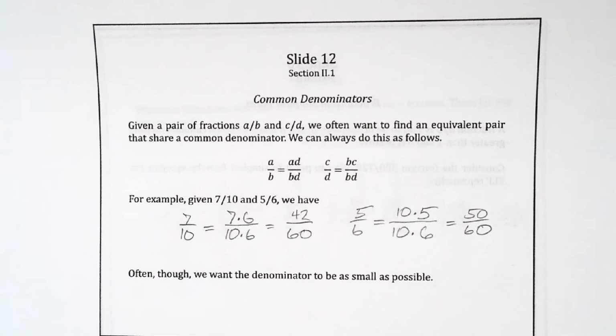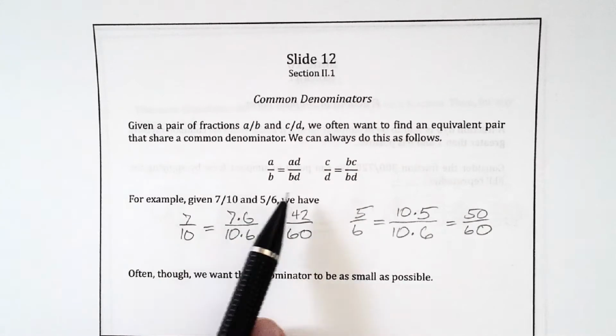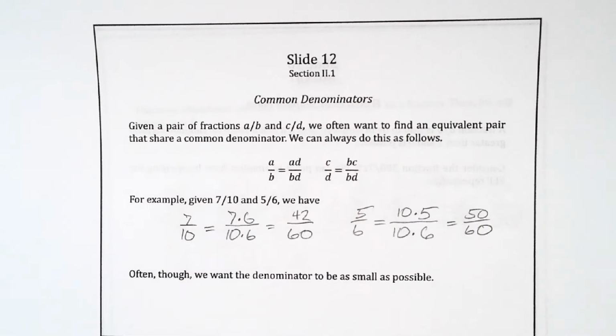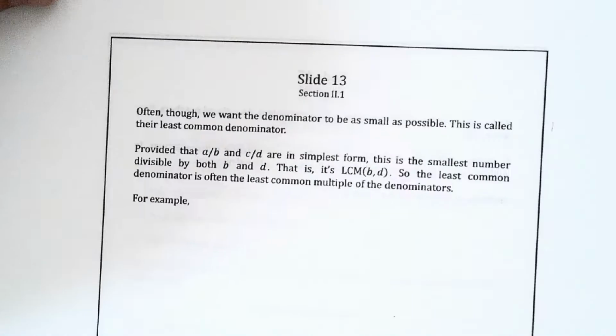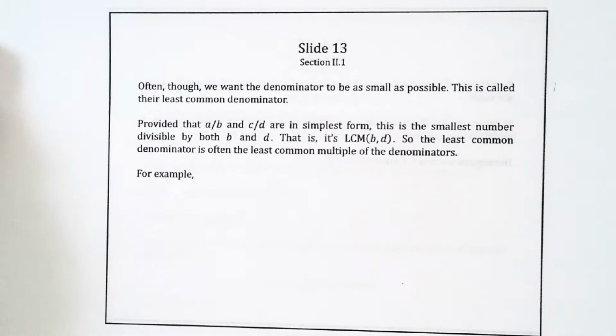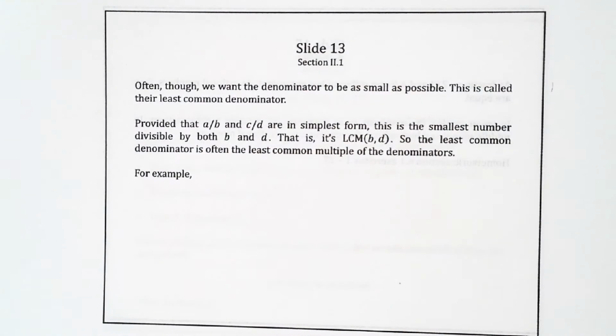Often though, and usually when we do things like this, we want the denominator to be as small as possible. And that's usually not going to be the case when you just multiply the denominators. When we get a denominator that is as small as possible, that's called the least common denominator.